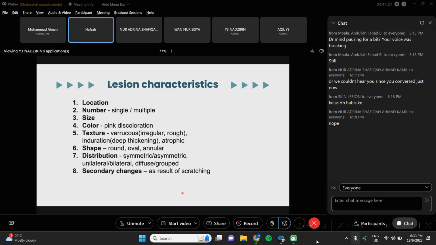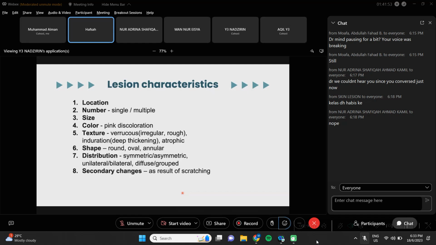For example, patients with erythroderma where they have redness and scaling all over the body, approaching 80-90% of body surface area. So they have diffuse, they're not just patchy, they're not scattered, it is confluent throughout most of the body surface area.